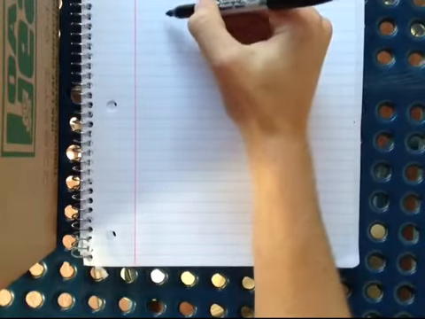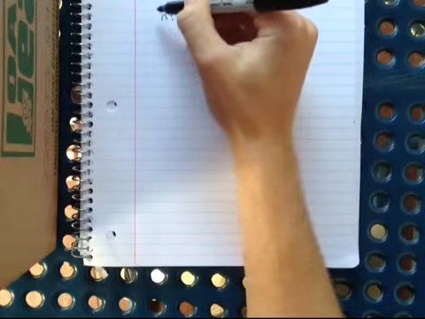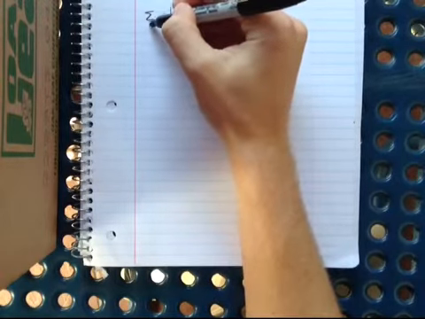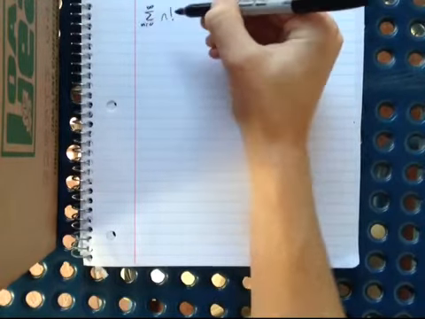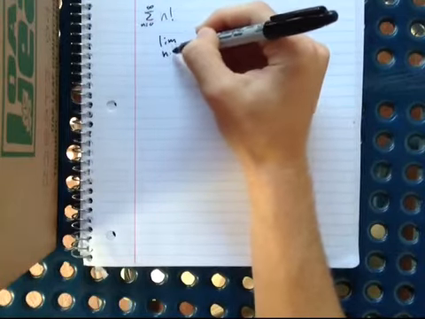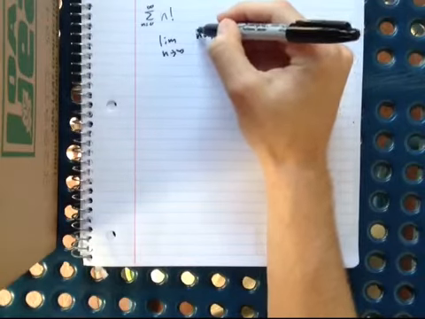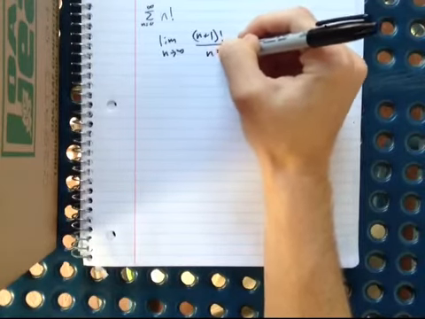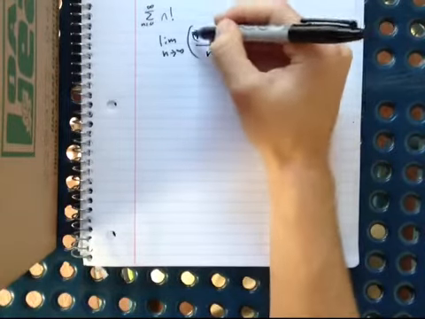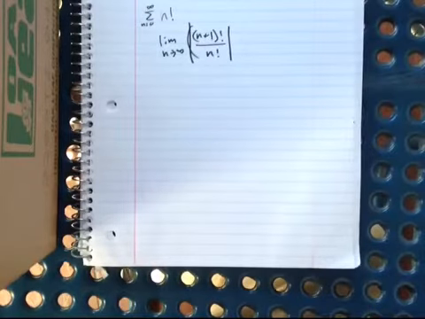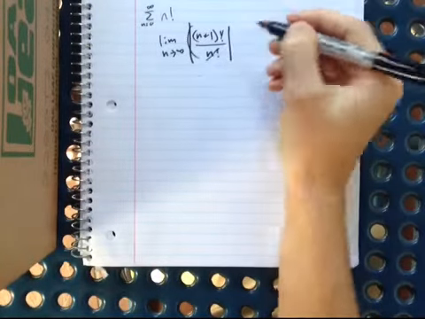useful when dealing with n factorial, because as you took the sum of that and applied the ratio test, you got n plus 1 factorial over n factorial, and that canceled, so that was pretty nice.